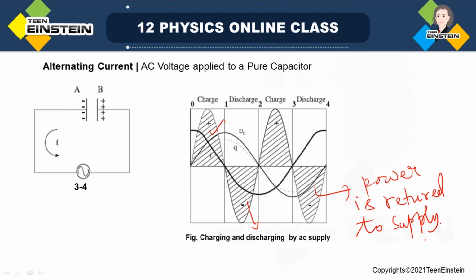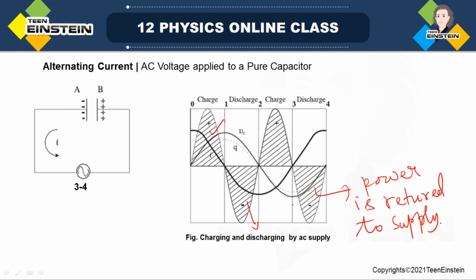That's why, as a whole, if you take the average of all these powers, just sum up all of them and divide by 4, then you will get zero value for the power dissipation.